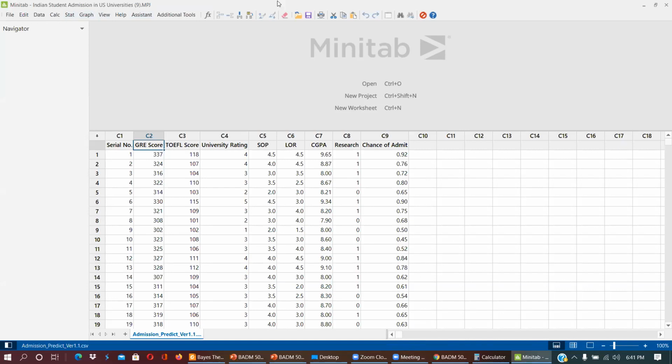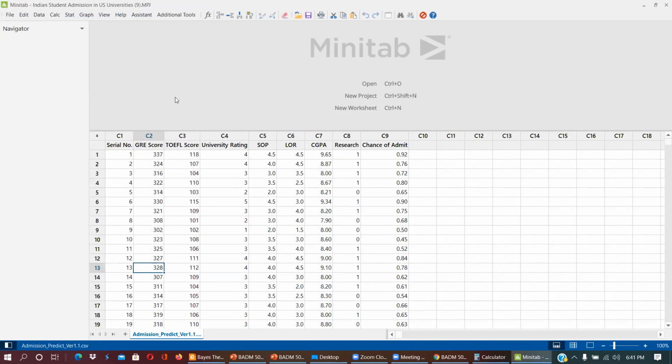So basically, what is the standardized data here? If this is a GRE score for MS admission or master's degree admission in a US university, they need GRE. I'm just treating GRE as only one variable. This is the different scores of 500 students.